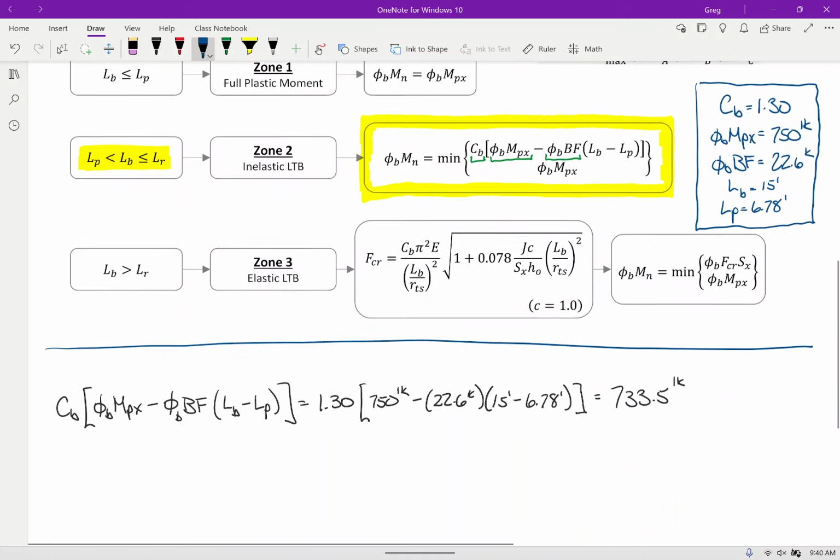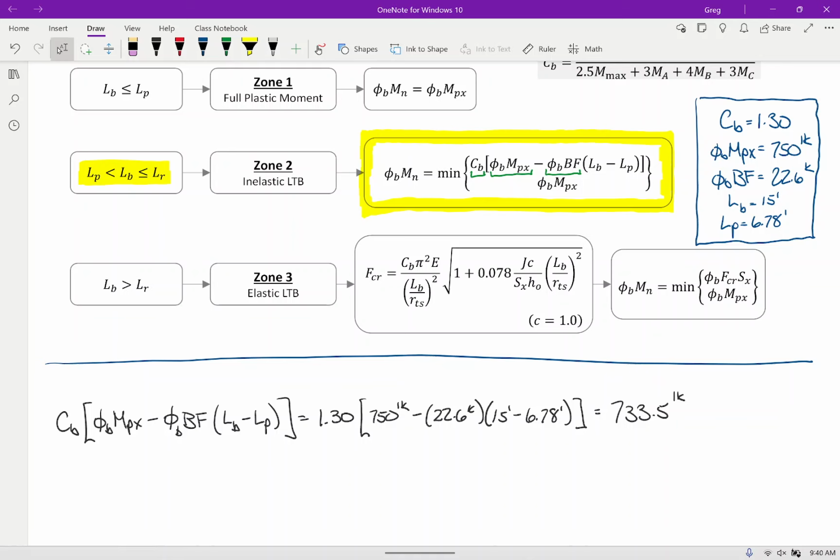So this was the first line, but that's not technically the capacity. This is how I like to write it because I'm kind of lazy. The capacity equals the minimum of CB times all that nonsense, or Phi Mp.